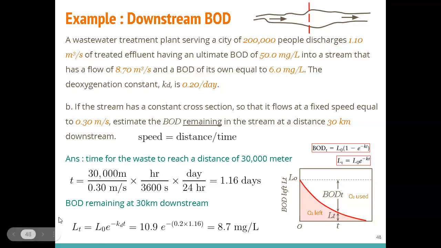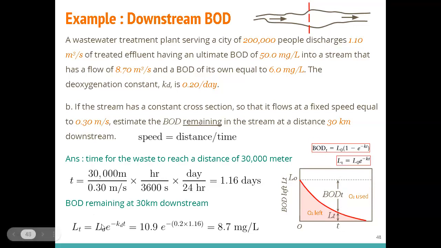Okay, then after that, we calculate the BOD remaining. So which one is remaining? LT, all right, LT is remaining. BODT is used, is the used part.